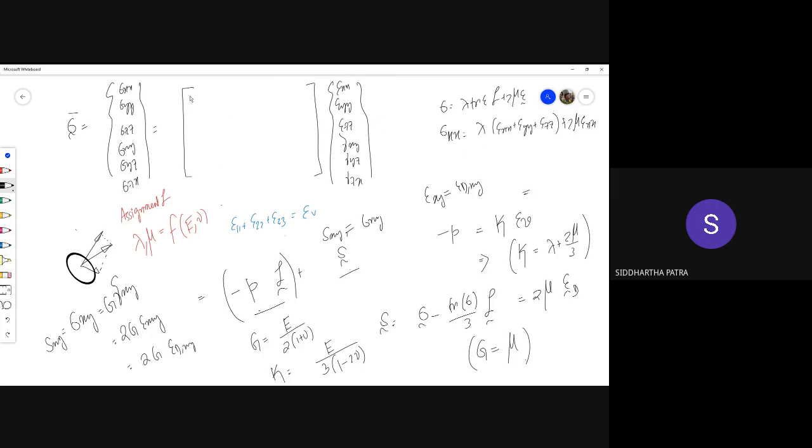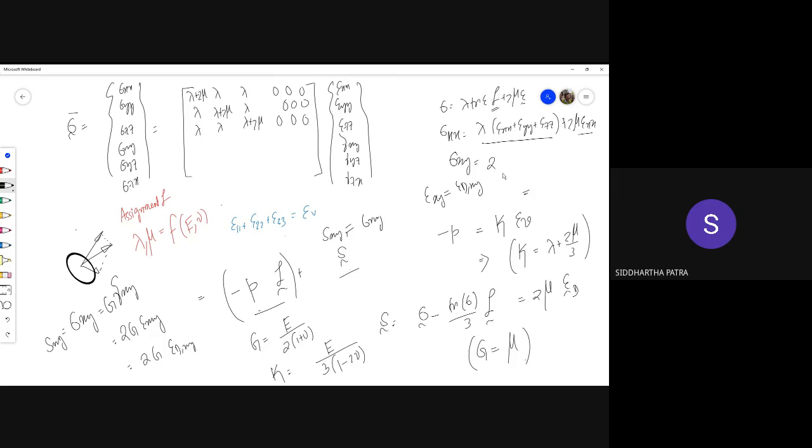So now I can write this to be lambda, lambda, lambda, 0, 0, 0. That is this portion. But then I have twice mu over here, and if you repeat the operation, this is what you get. When it comes to shear stresses and strains, you see the off-diagonal terms of the identity matrix are 0.